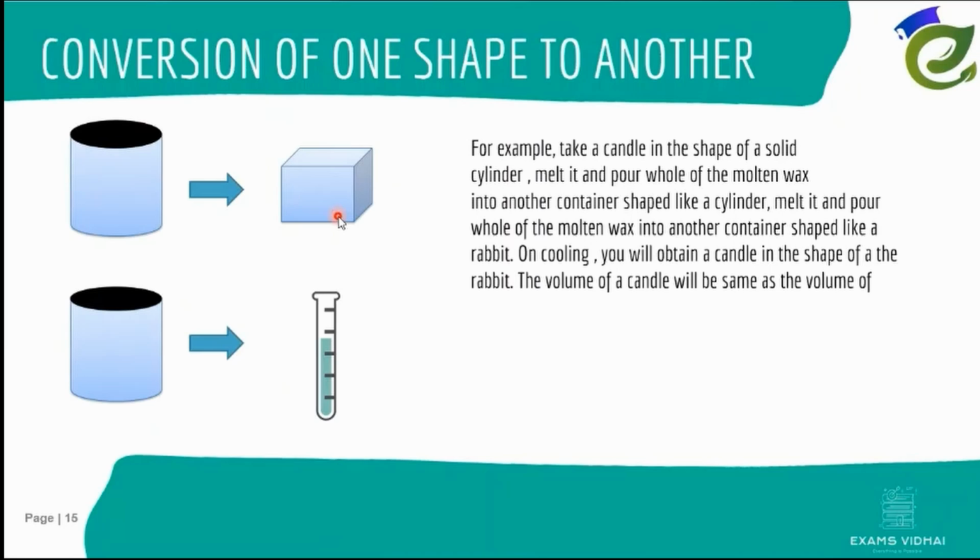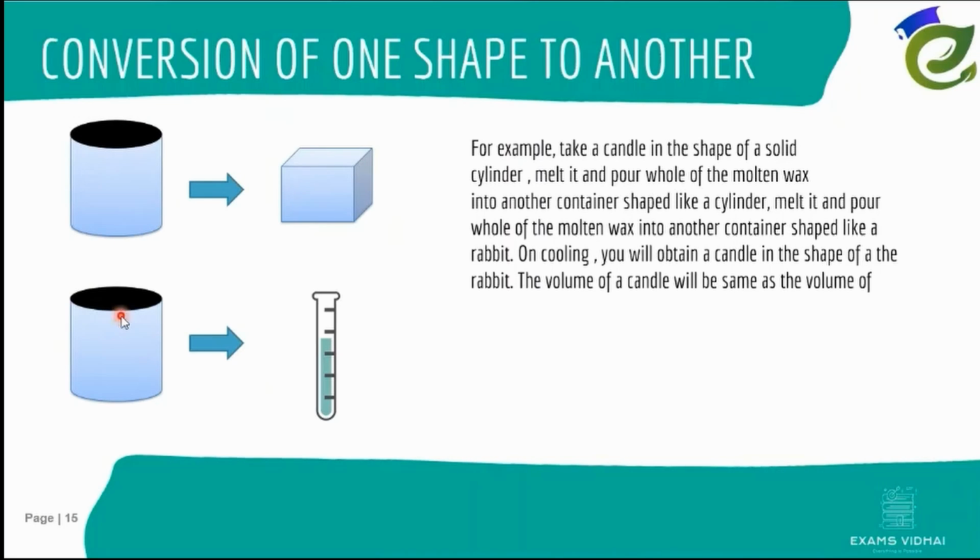So here, what we observe is the volume of the object is remaining the same. The volume from which it melts acquires the shape of another object. So the volume is remaining the same, but you see the surface area of the object is changing. It's changing from cylinder to a cube.